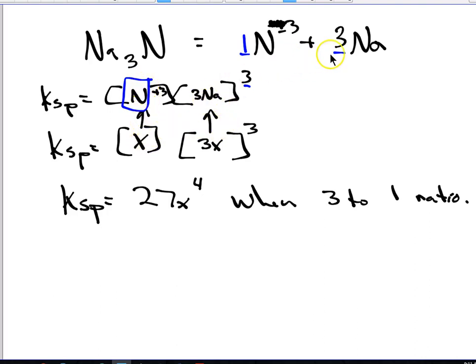If this broke into a 3-to-1 ratio, this would be 3 times whatever that value was, but it would still be cubed. Okay? When you multiply all this together, 3 cubed is 27. X cubed is x cubed. Multiply it by another one, you get x fourth. So if, and this is extremely rare, if it's a 3-to-1 or 1-to-3 ratio, KSP is equal to 27x to the 4th.